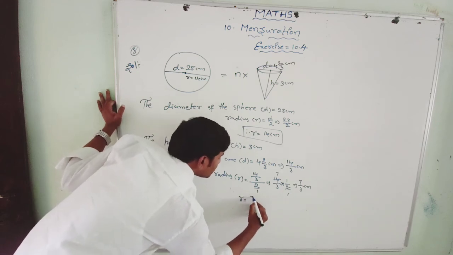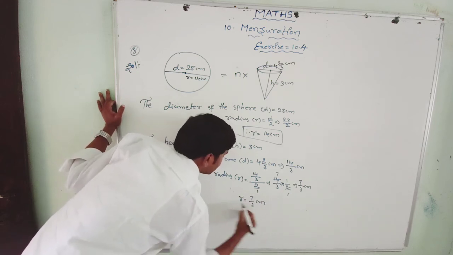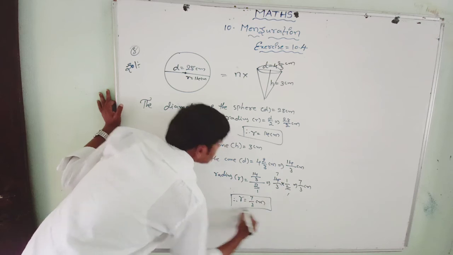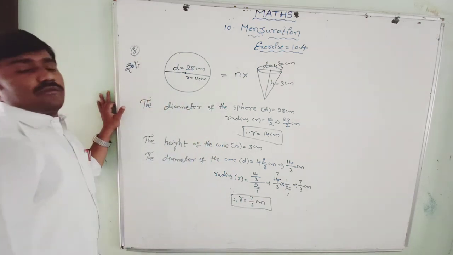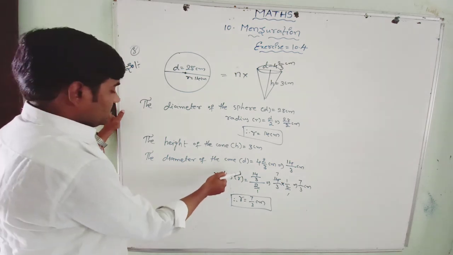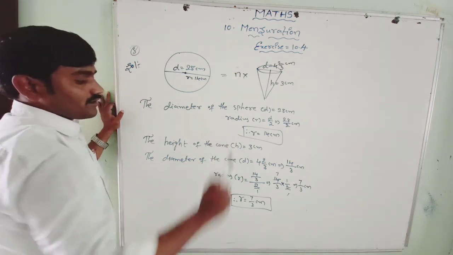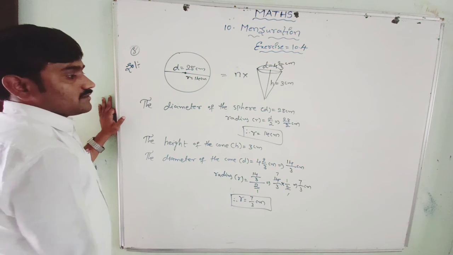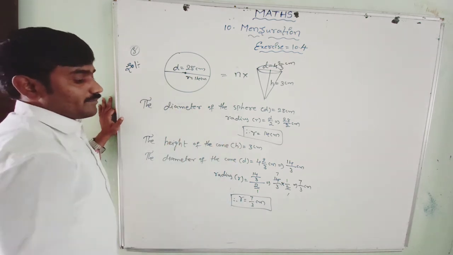Therefore R equal to 7/3 centimeters. What is this R? This is the radius of the cone. These are the dimensions of the cone, height and radius, and the radius of the sphere is also there.